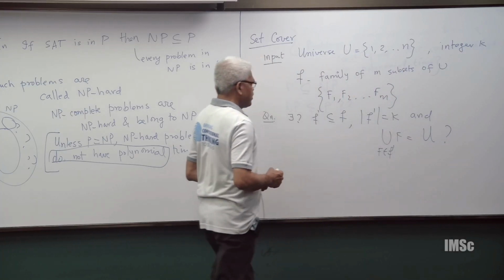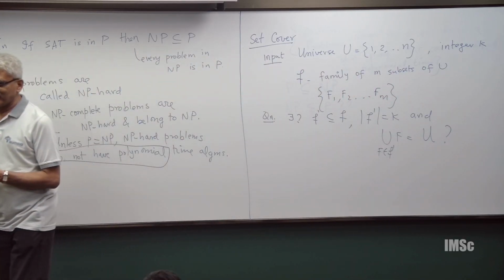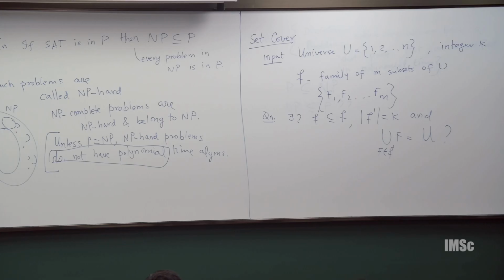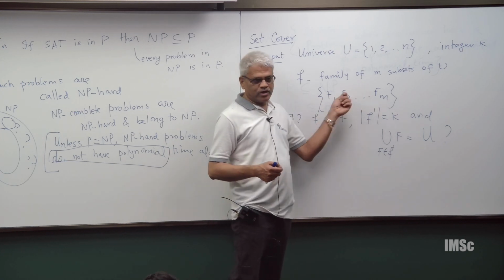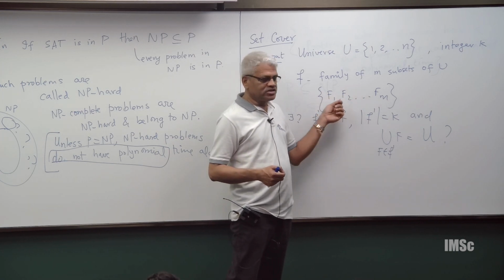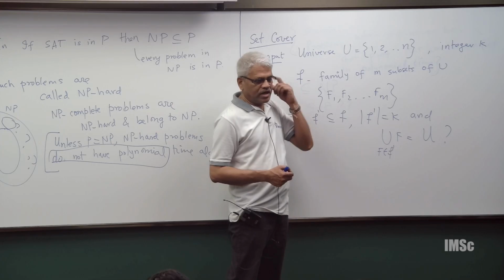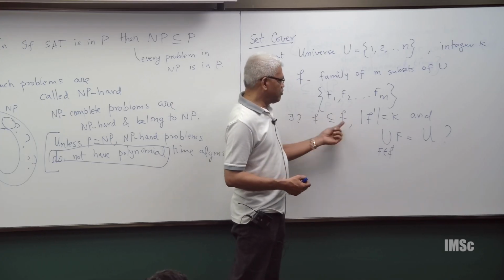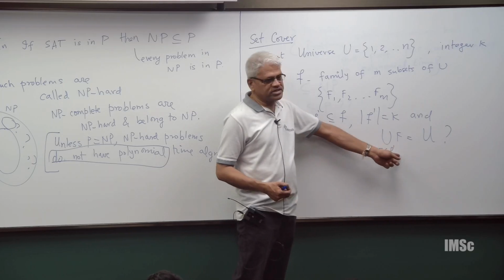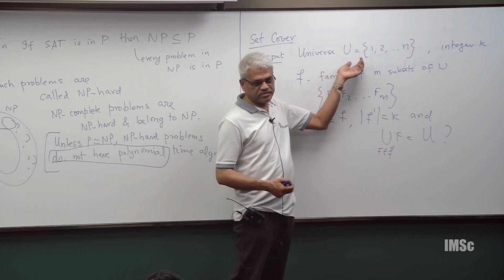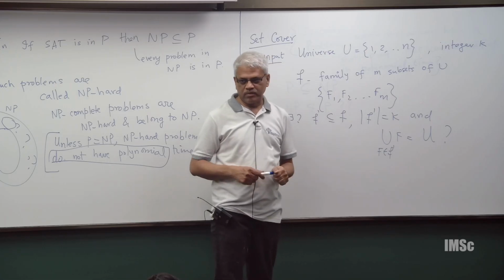Many of you are mathematics students, so it is okay to write this mathematically. What I am asking is, is there a subfamily? Can you pick some k sets from here? There are totally m sets, out of which k is some integer. Can you pick some k sets, F prime of size k, such that when you take the union of the sets, they cover the universe? Okay. So, that is the problem.